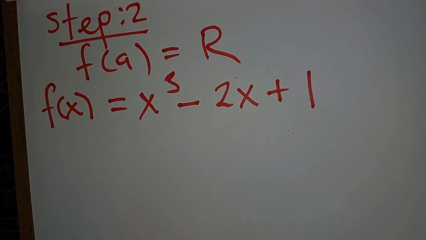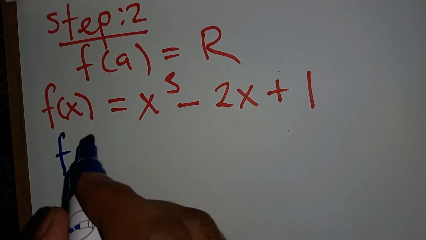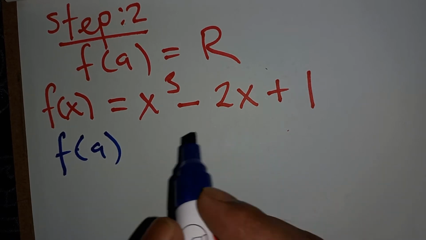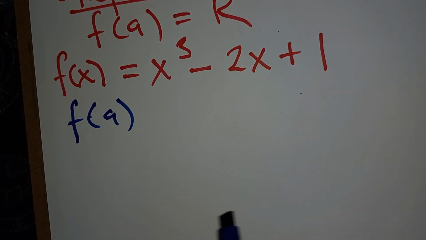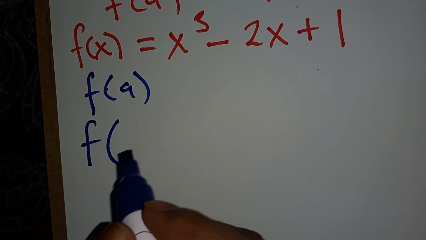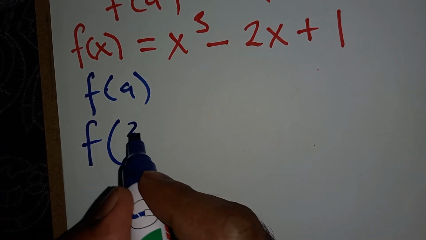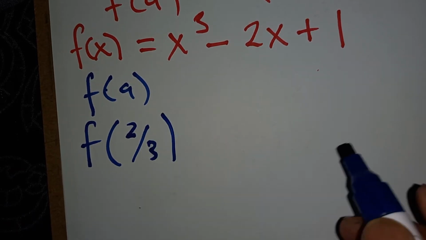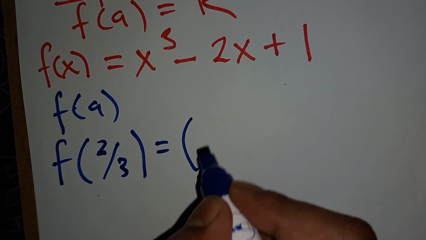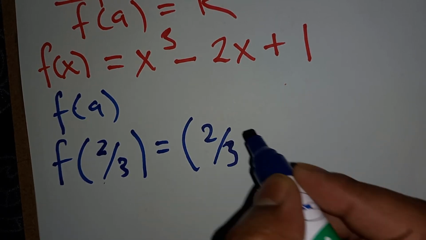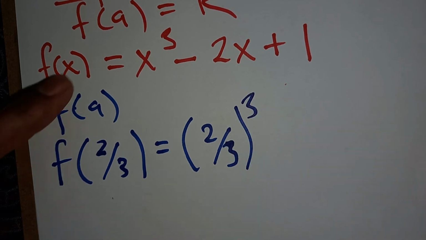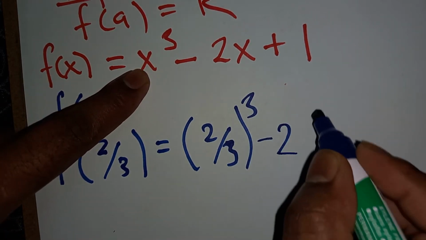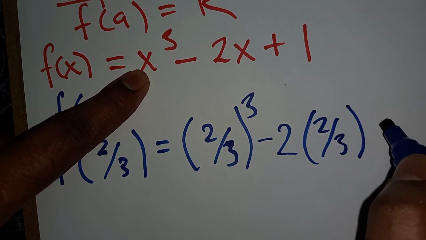Now we will have f of a, and that is the same as f of 2 over 3. So that means we'll have 2 over 3 whole thing cubed, minus 2 times 2 over 3, plus 1.